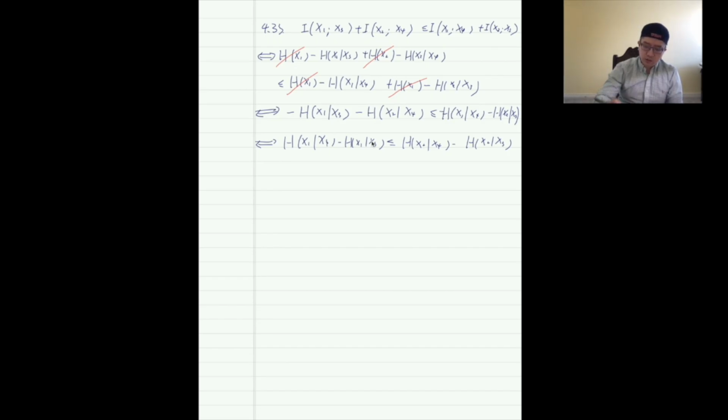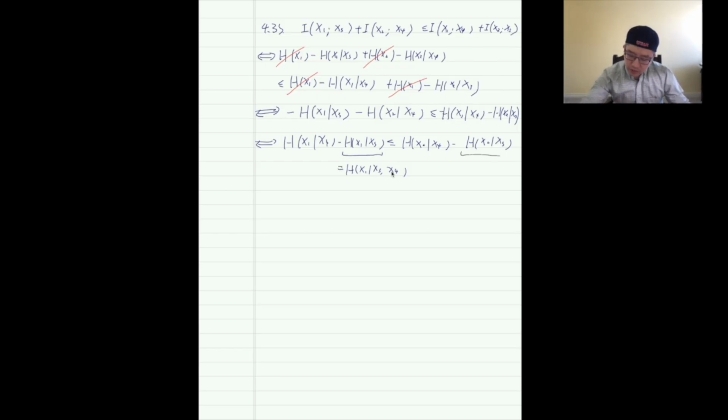So for a Markov chain, if we add a condition here, then we can combine these two. What is the relationship between this and that? x4 is further away, therefore it doesn't matter, so this will be equal.